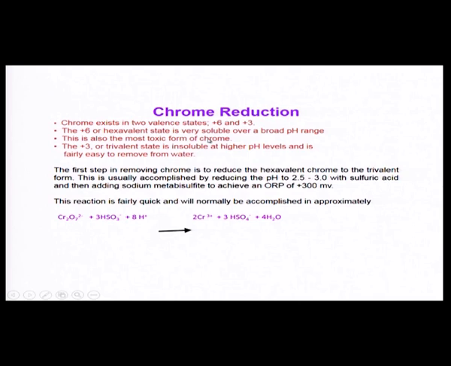Another example of how to calculate the chemical requirement for a particular chemical reaction is chromium reduction. In wastewater from industries, especially electroplating, hexavalent chromium will be present. This hexavalent chromium is one of the highly toxic materials.